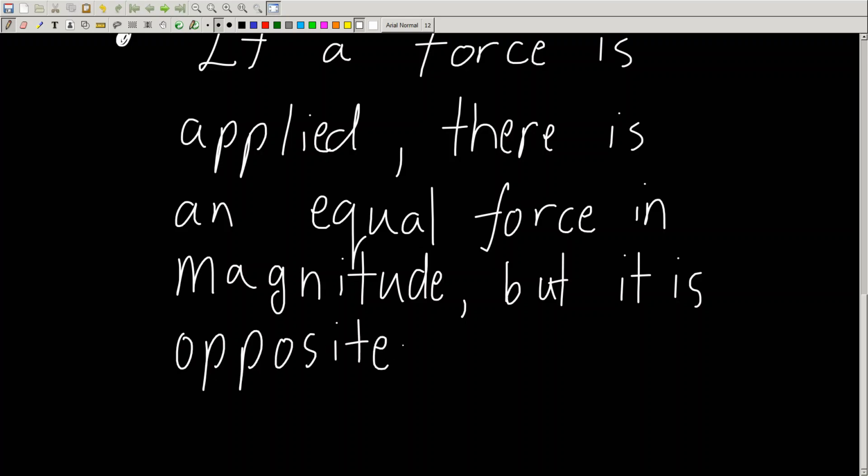That is Newton's third law. I'm going to give some examples.